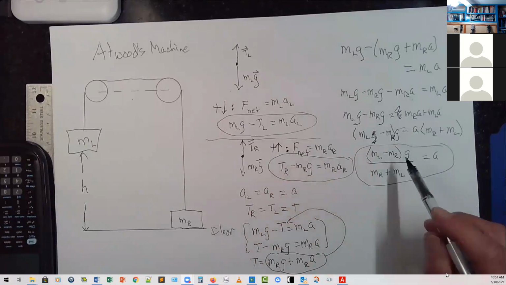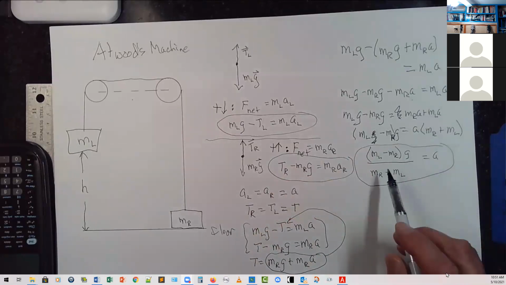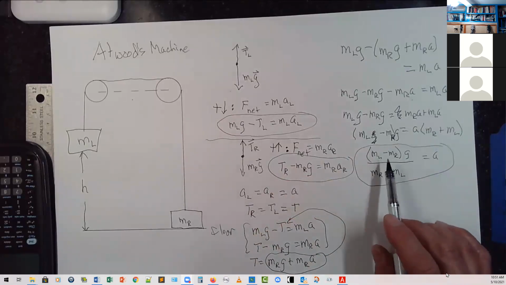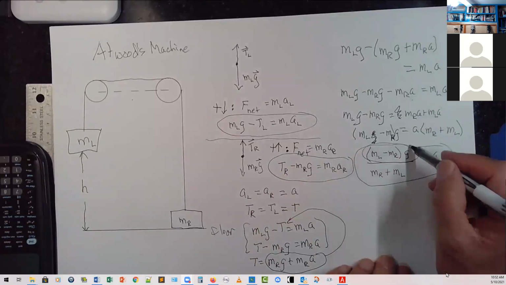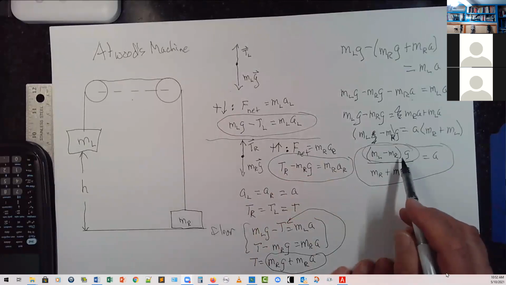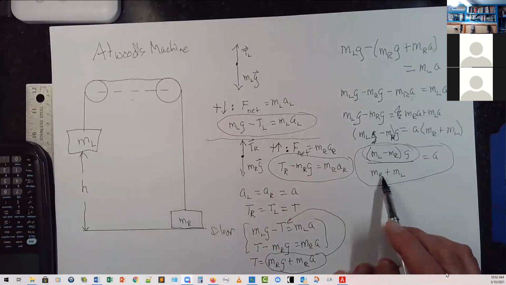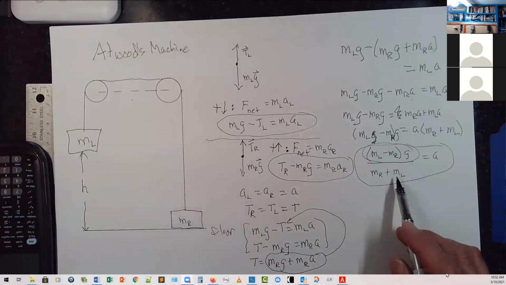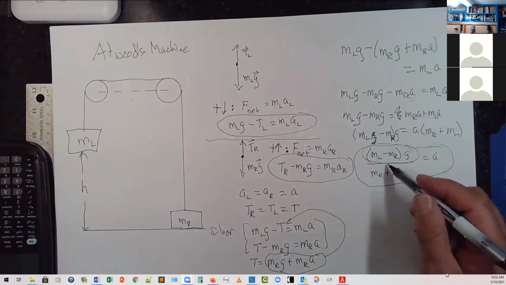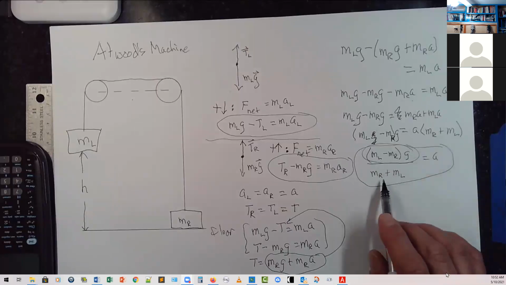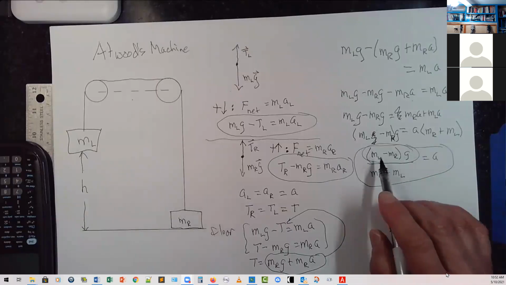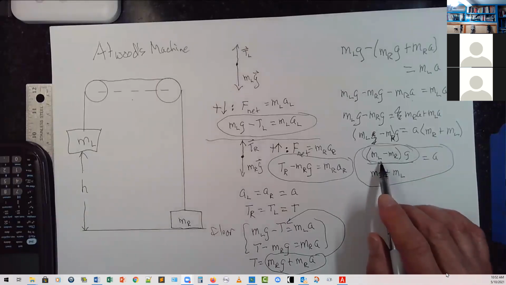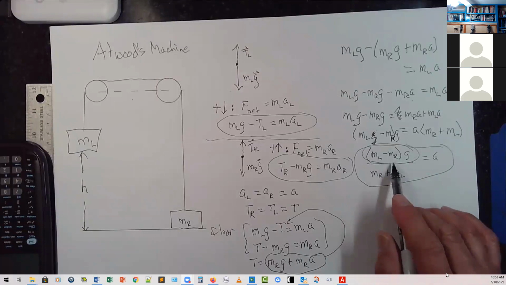And what we do in the experiment is we make the masses so they're not that far apart, and that makes the numerator of this thing small, but we make the masses have a fair amount of mass. Altogether, I think we have about 520 grams as the total mass, but the difference between them at most is only about 20 grams.